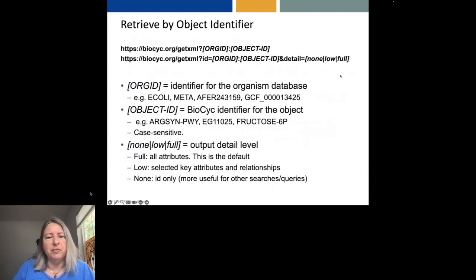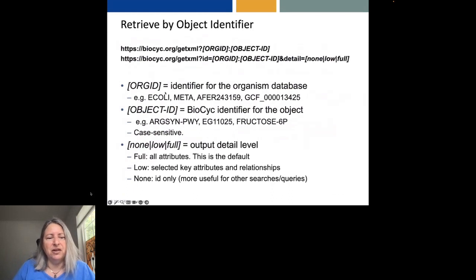The none level is just the object identifier, which is not useful if you're just passing in the object identifier, but it is useful if perhaps you are issuing a query that returns multiple objects and you just want the identifiers. So the organism identifier identifies the organism database.